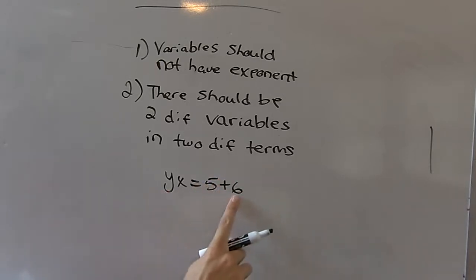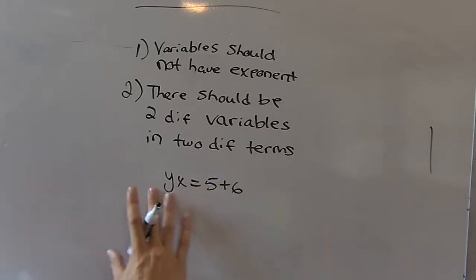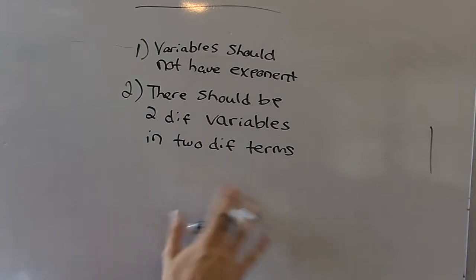This is not a linear equation because y and x are in the same term. I need two and only two different variables. I don't want three different variables. I want two different variables, in different terms.